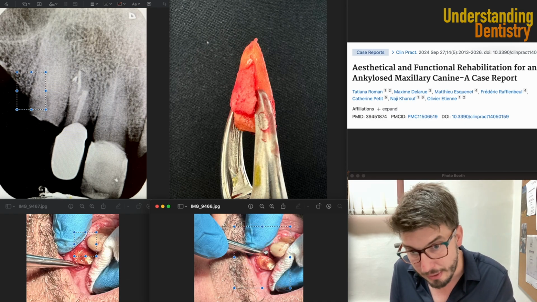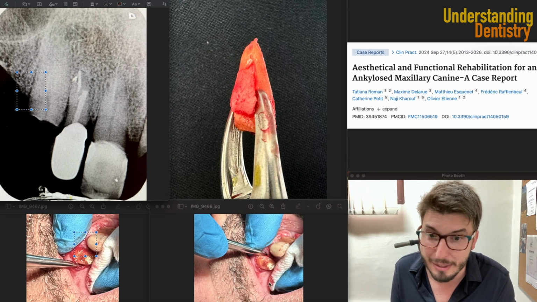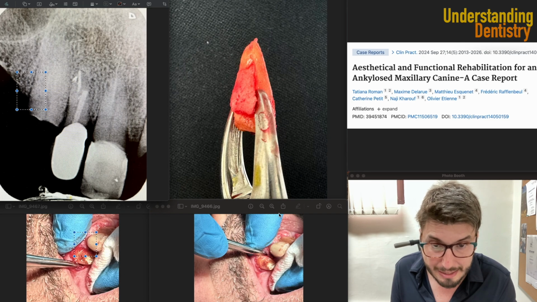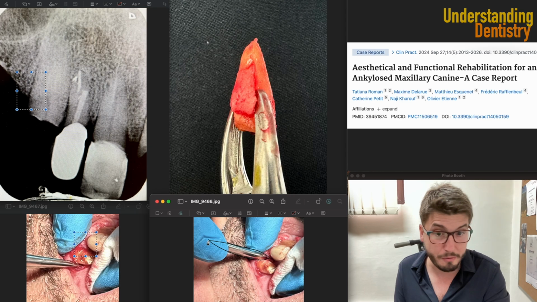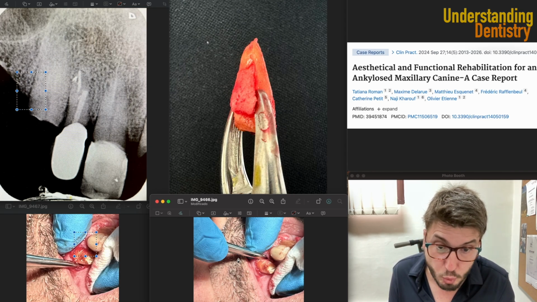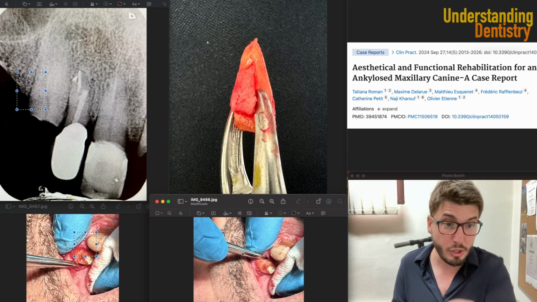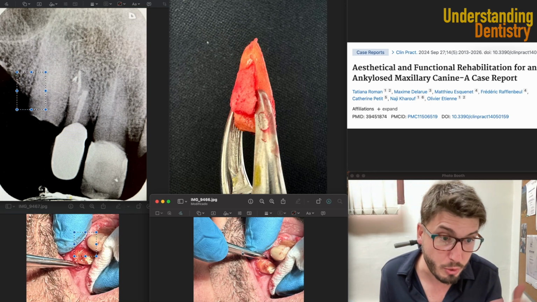And then take a look at this. Here, you might think that this elevator is not completely parallel to the interproximal, to the mesial surface of this root, but it was parallel, and now we are also using some lever action because the root is already coming out.